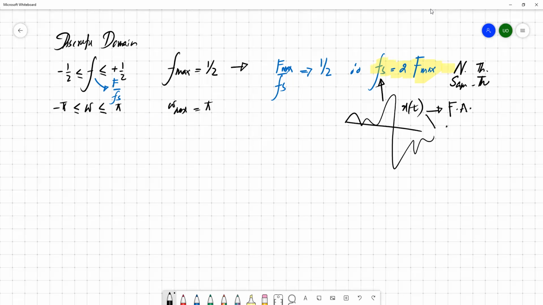There may be a frequency f0, f1, f2, and so on. Based on that, we can find out the maximum frequency. So these are capital F. What is the maximum frequency component inside this x(t)?